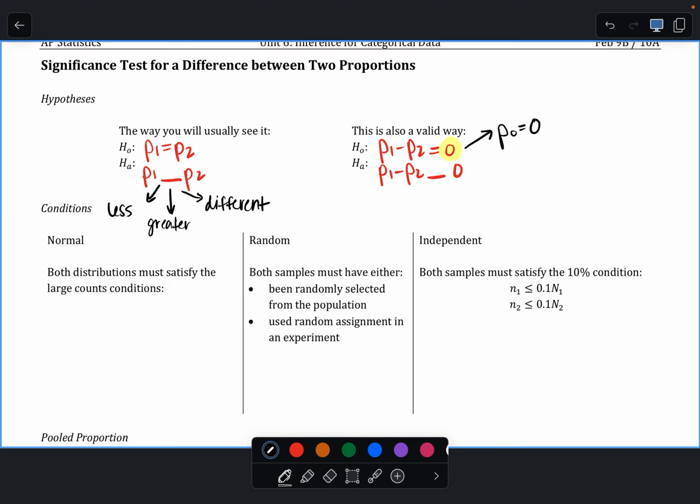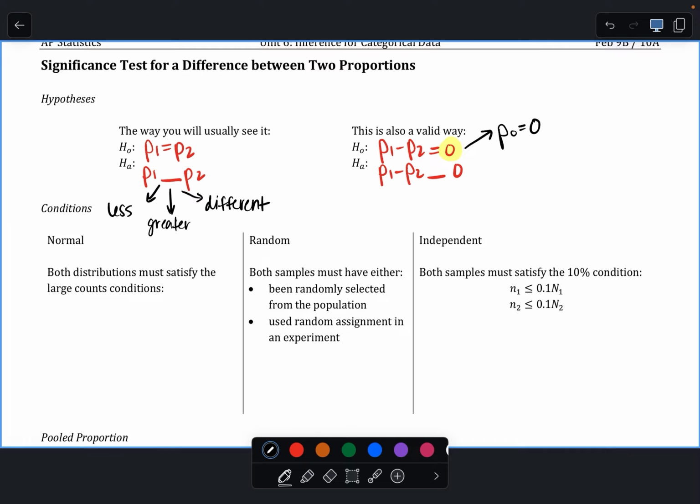So the null is technically being represented by the value 0. So anytime I eventually go on to relate my confidence interval to a significance test, the value I'm looking for is 0. It will not change. If you are doing a difference, a two sample, it is always going to be 0. Do not put anything else.